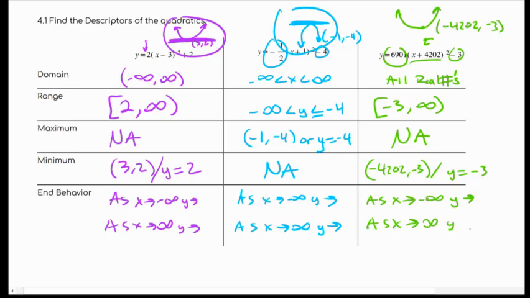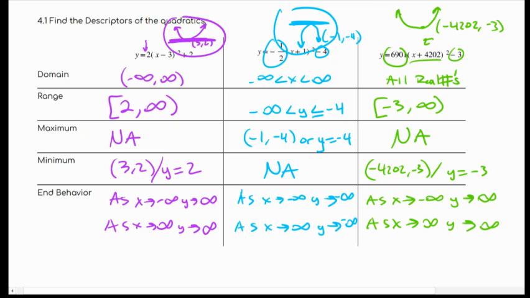And so in the first one here, we see that they're both pointing up, and so we say y goes towards infinity for both of them. The second one points down, so our y values are going towards -infinity. And the last one goes up, so we're going towards positive infinity.